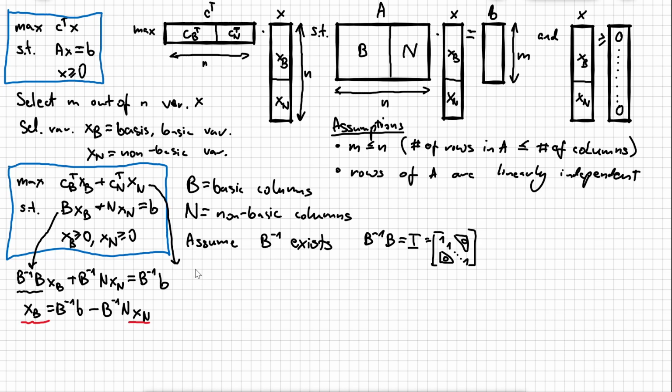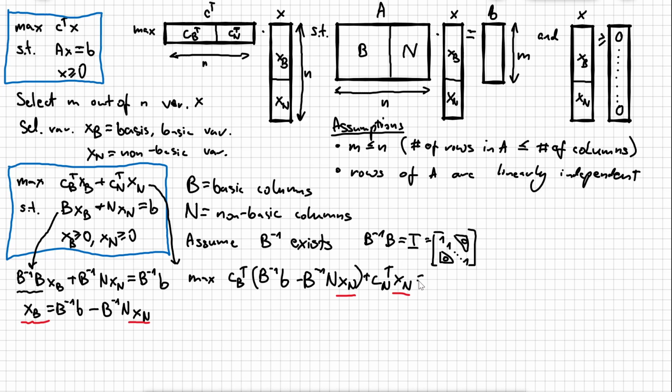The objective will be now maximization of cB transpose times, and instead of xb, I'm going to substitute what I see here in the constraints: B minus 1 b minus B minus 1 N xn, and then the remaining part plus cN transpose xn. So notice that here we only have xn now. Of course, we substitute for xb, and now I want to reorder those terms slightly.